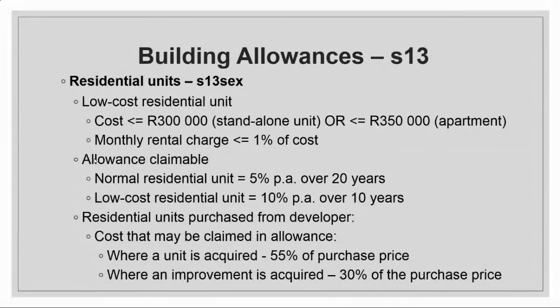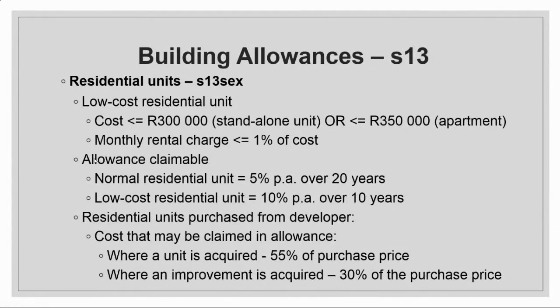If it's an apartment, less than 350,000, and the rental amount needs to be less than or equal to 1% of the cost of that initial price that you paid. Then I can claim for a normal residential unit 5% over 20 years, or if it is a low-cost one, 10% over 10 years.